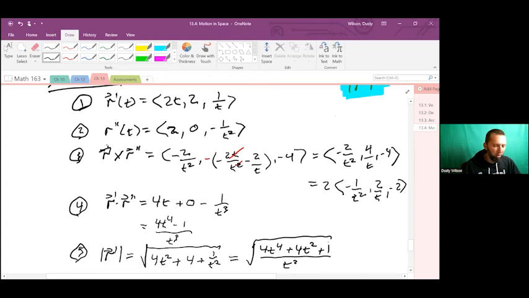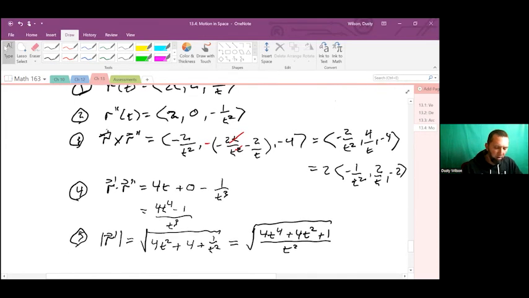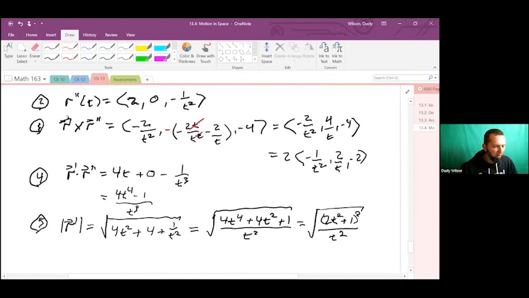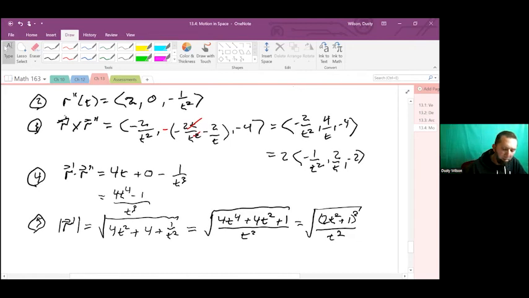Notice that this numerator is equal to, it looks like, 2t squared plus 1 squared over t squared. And so we get that our r prime magnitude is going to be 2t squared plus 1 all over t.